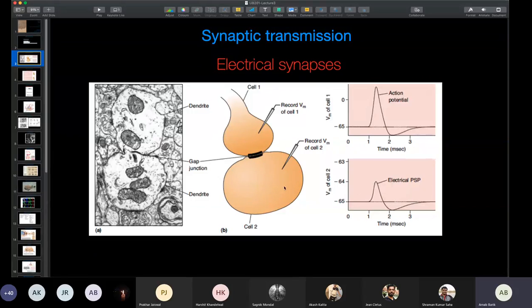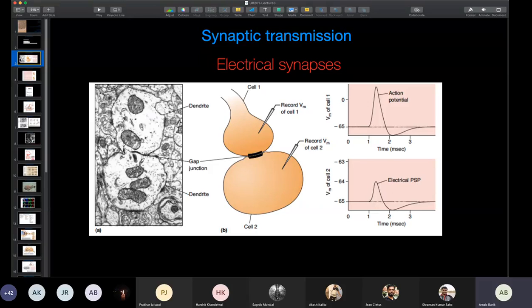The action potential is coming down this axon, and there's a voltage change. If a signal is sent from this presynaptic cell to the postsynaptic cell, there should be a voltage change here. If the communication is through a gap junction or electrical synapse, it's called an electrical PSP, or postsynaptic potential. If you see the recordings for the chemical synapses, which come later, the changes would be much more dramatic, and here the changes are much smaller.